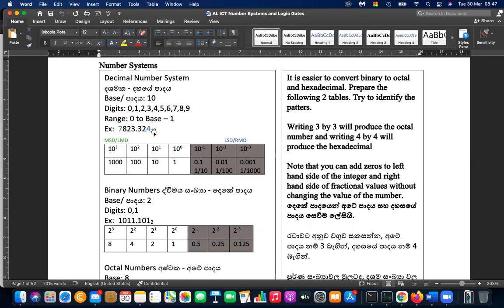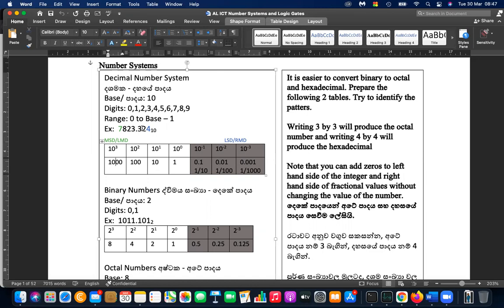The positional values from the decimal point are increasing: 1, then 10 times 1 is 10, 10 times 10 is 100, 10 times 100 is 1000. Or we can call them 10 to the power 0, 10 to the power 1, 2, 3. Positional value increases as you go to the left, and decreases as you go to the right.